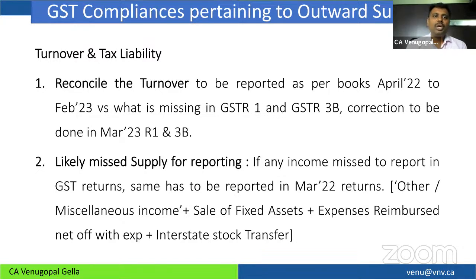For example, you have raised an invoice in the name of, let's say, Bharti, and Bharti comes back and says, look, I have placed the order, but this is not for my company, this is for my sister company. Please raise the invoice bearing the GST number of that company. Now, you have already reported this invoice in R1, so you have to correct the GSTR 1 with the customer name. Now, this is not impacting your turnover, but you still have to make the correction.